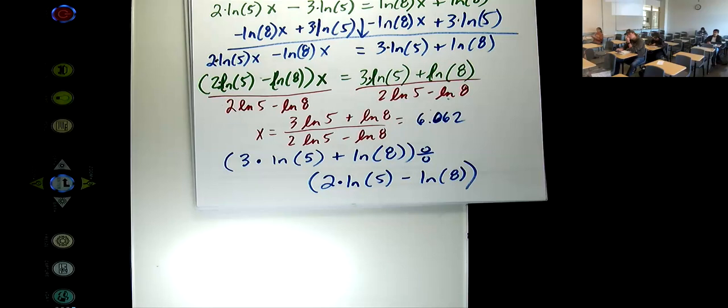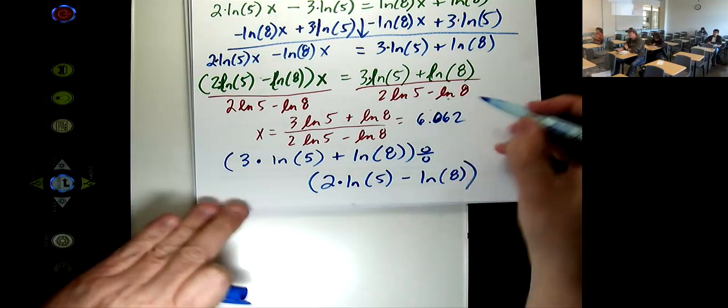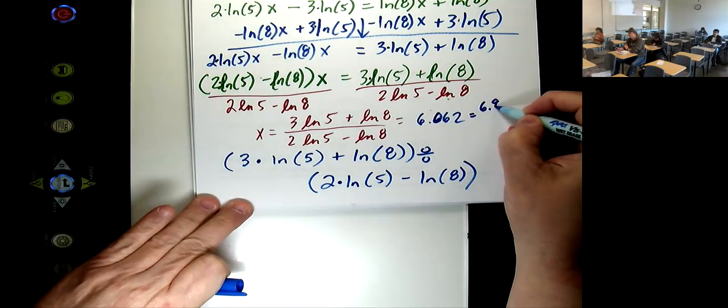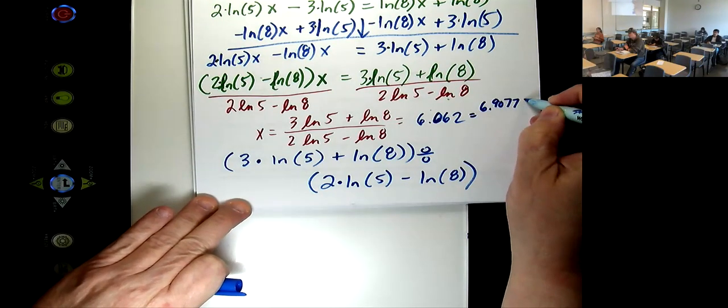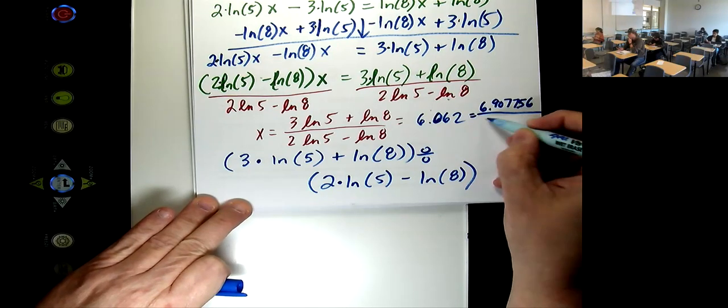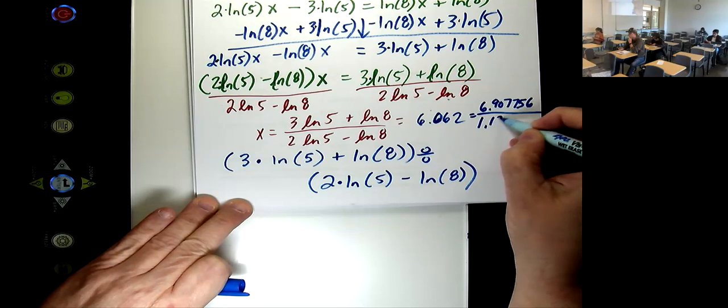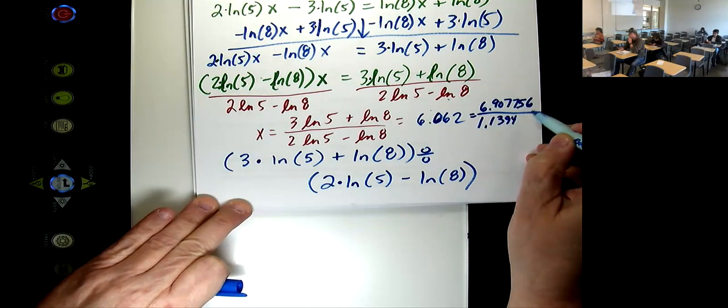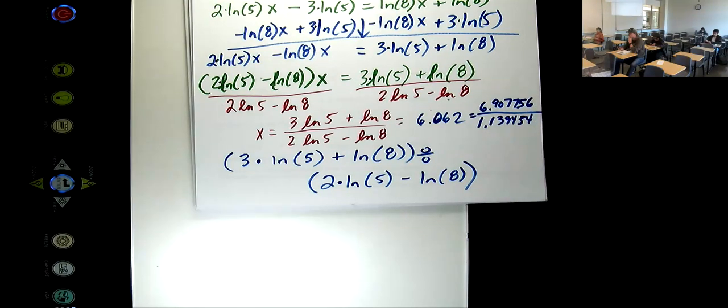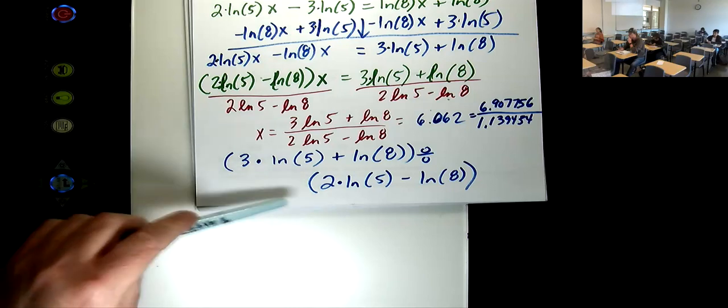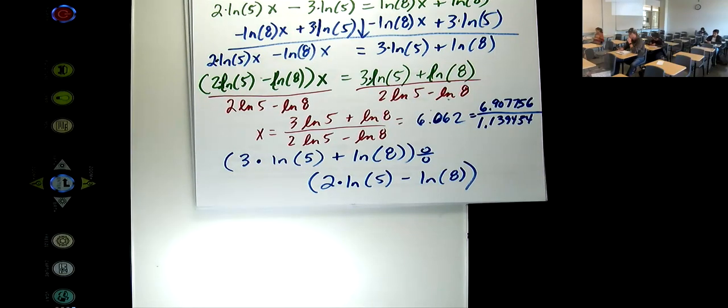Or if you do the top and bottom separately, the top is 6.90775 with a few more decimals, and the bottom was 1.139434. Then you just divide those two in the calculator without having to worry about as many parentheses. Sometimes it's easier to just do that.